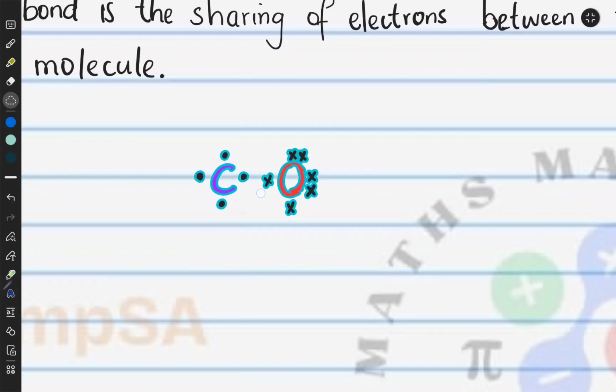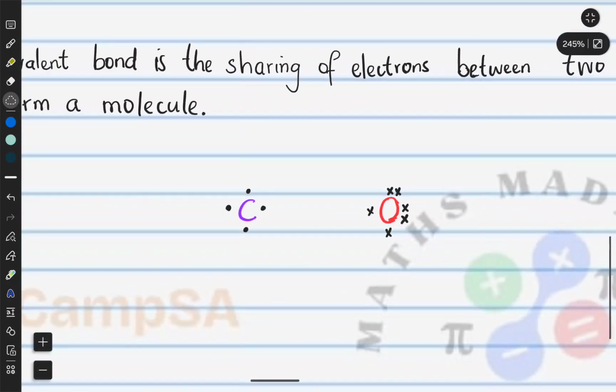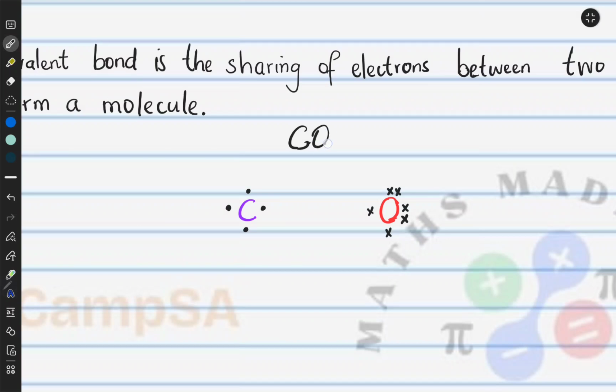All right, so now we'll put it here, and then we have that. All right, so remember, this is CO2. There are 2 oxygen atoms, and then there's only 1 carbon atom. So it's CO2.